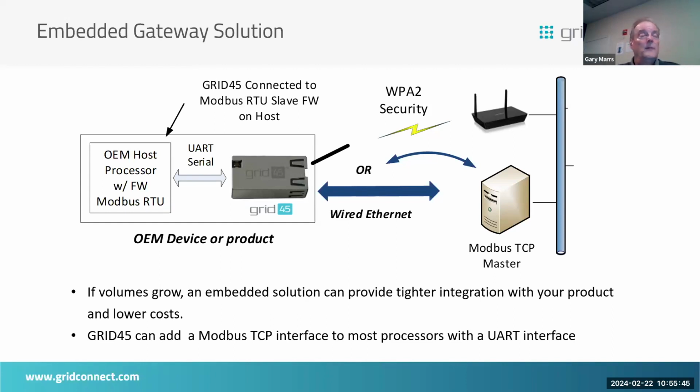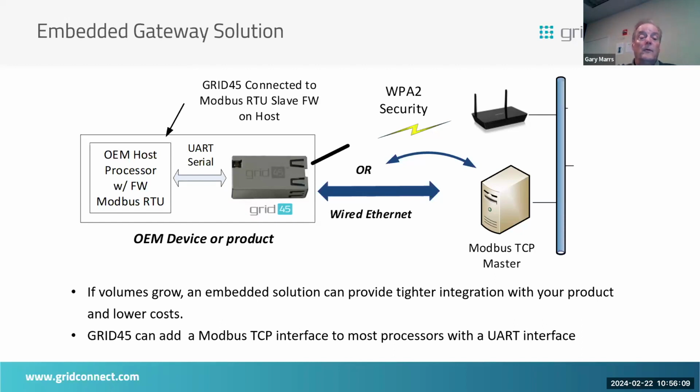So if your volume grows and you're looking for a little tighter integration and definitely a lower cost point, we have an embedded gateway solution we call the Grid 45. In this case, we're showing Grid 45 connected through a UART interface to the OEM's host processor.